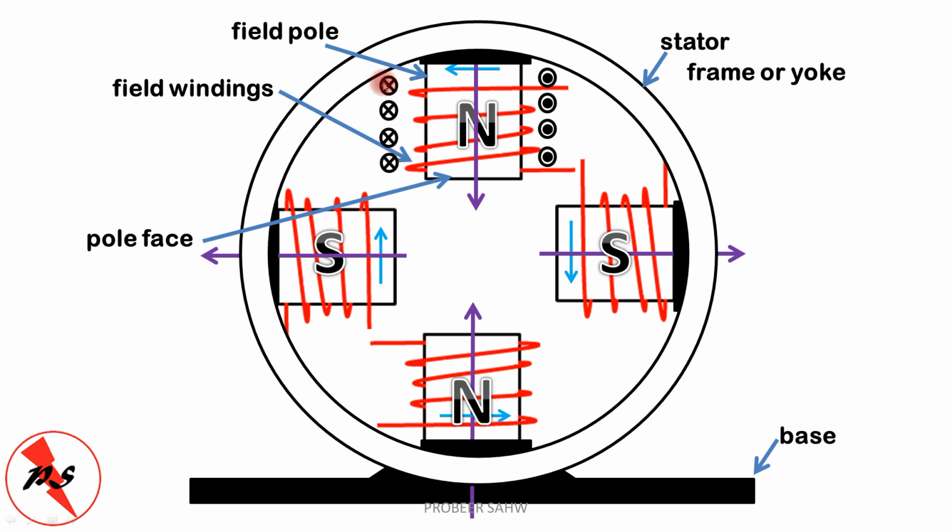These circular things represent conductors, these wires, and this cross or the dot represents the direction of current through it. This cross means that the current is going into the screen, and this dot means that current is coming out of the screen.